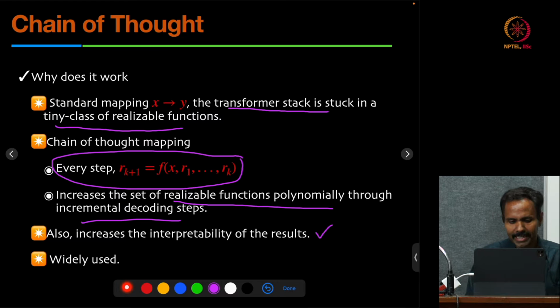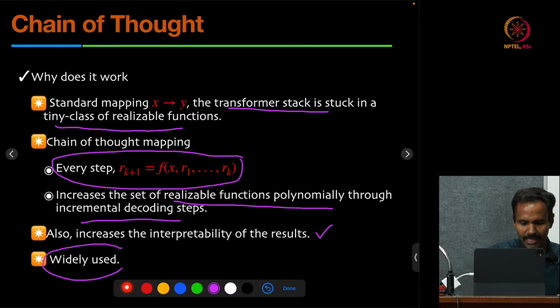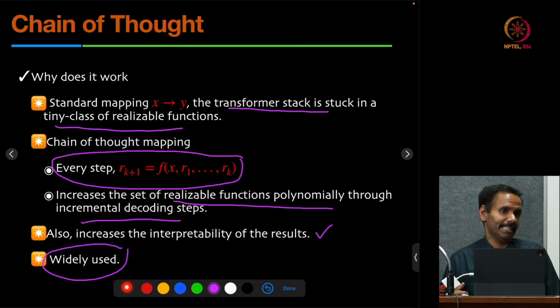It certainly increases the interpretability of the results, right? Every step allows you to know where the model is, what it is getting right and wrong, and so forth. Widely used, right? But we can already see the pros and the cons of this approach.